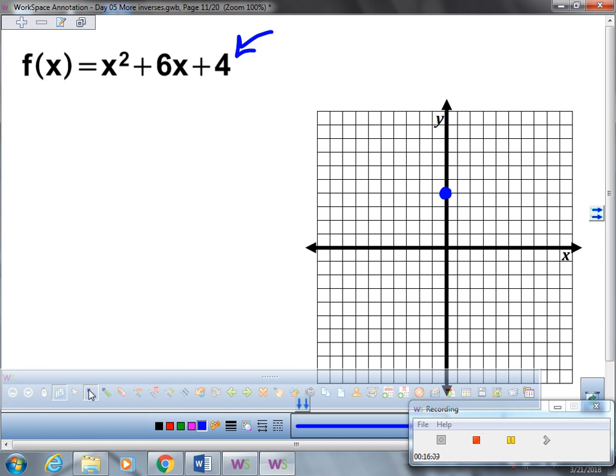So I have y equals x squared plus 6x. I can turn this into a perfect square by splitting the 6 in half and squaring it, right? So I would add 9. But I still have that 4 there.